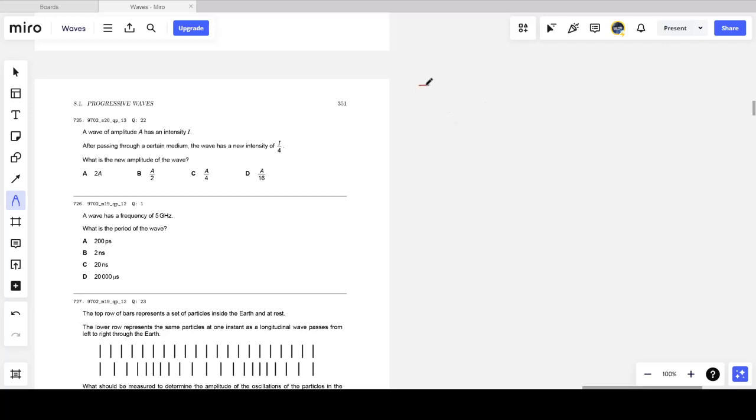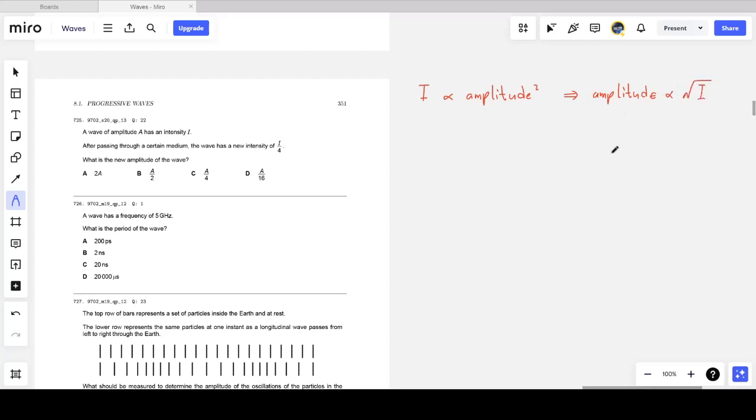Okay, so the first thing we remember is that the intensity of a wave is proportional to the square of its amplitude. Square of its amplitude being important. We don't actually know the equation, we just know that this is the relation in A-level physics. This means that the amplitude of a wave is proportional to the square root of the intensity.